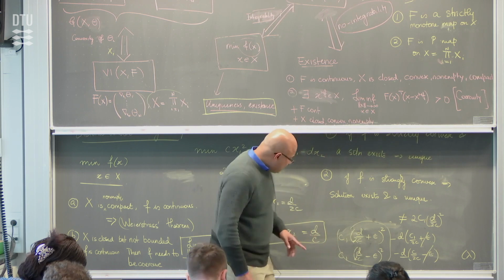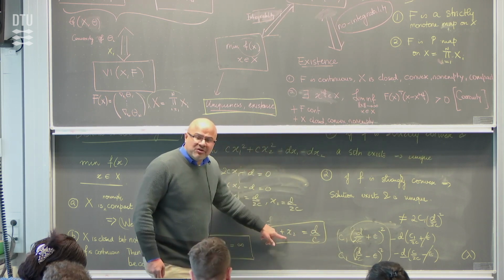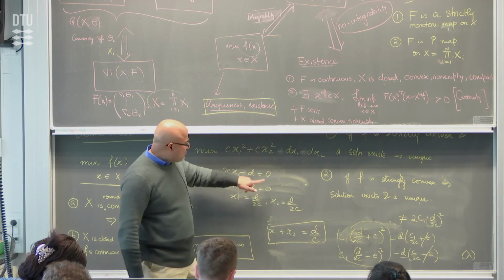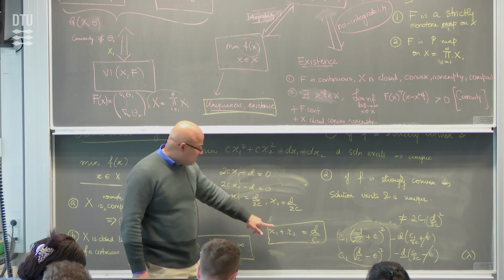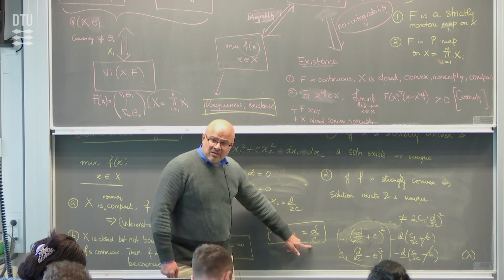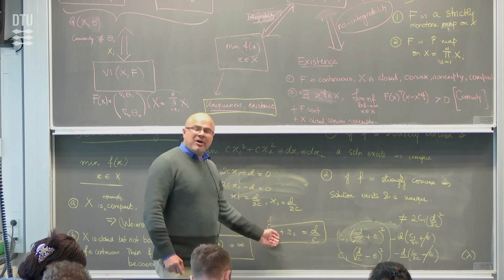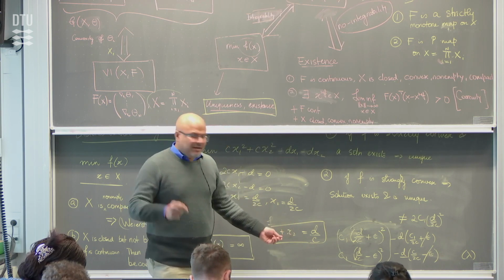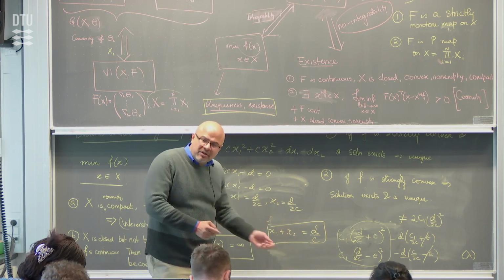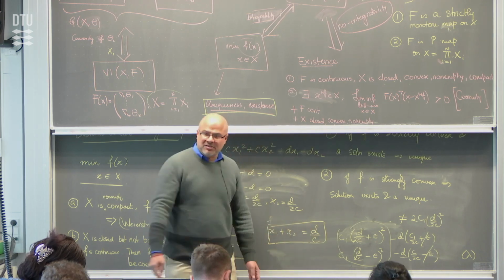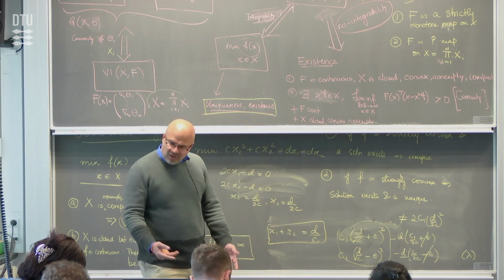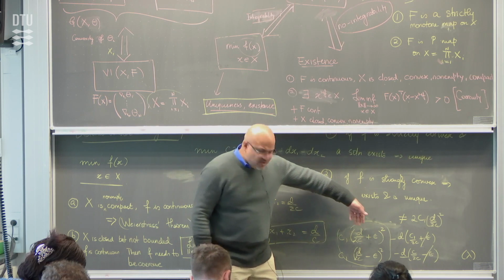Why am I doing that? Because I want to make sure their total amount is still d upon c. That's the optimal, right? d upon 2c plus d upon 2c is d upon c. So the question was, suppose I make x1 a little larger and x2 a little smaller, but make sure their summation is still d upon c. Does the overall cost stay the same? And the answer is no. You can just check it.